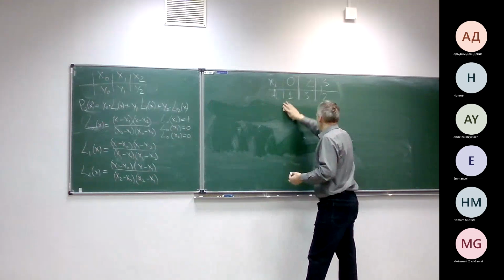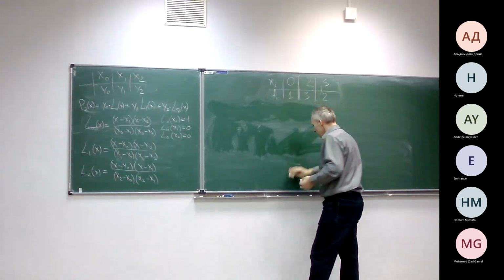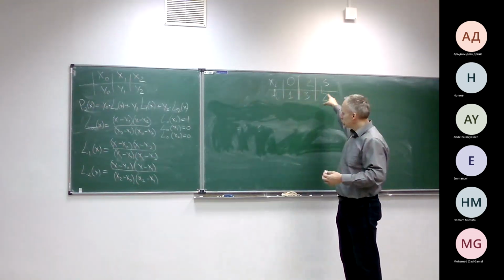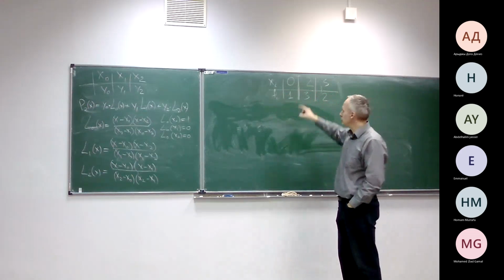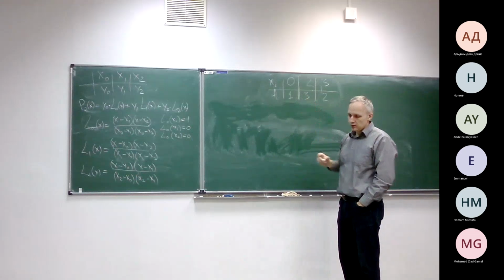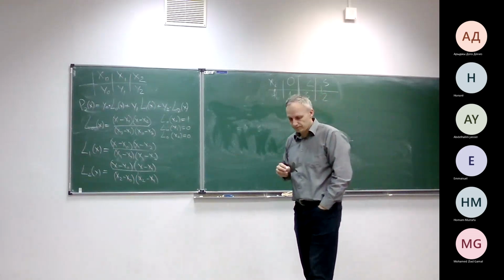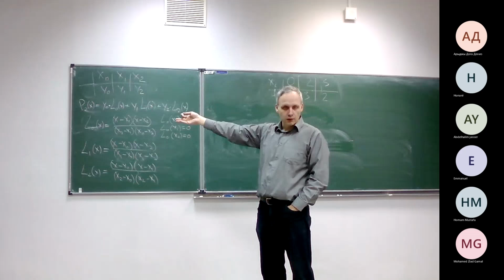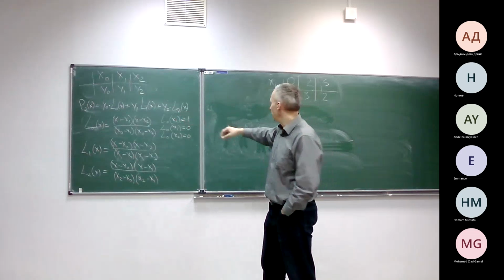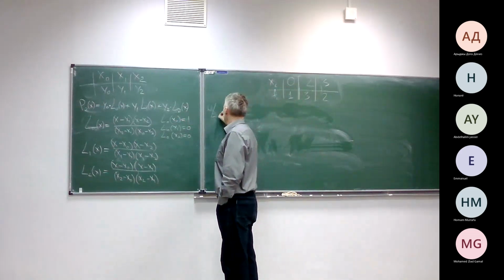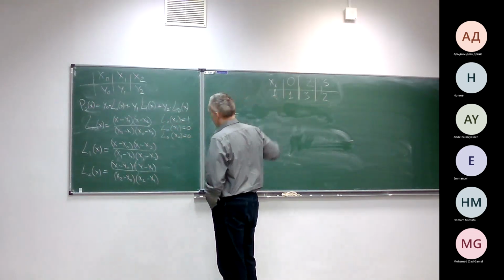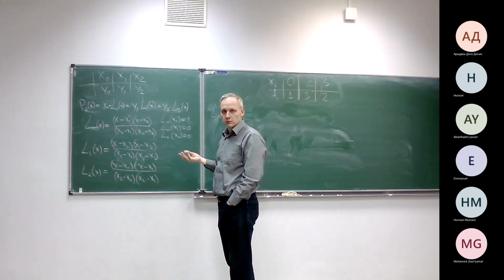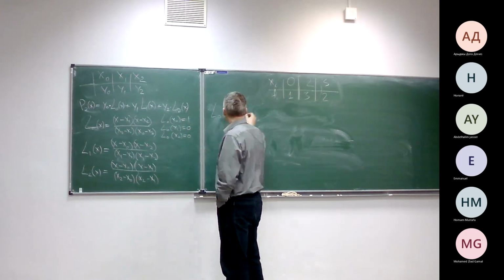Suppose that we want to solve this problem. We want to find a polynomial of degree 2 that interpolates this data. What should we do? To write L0 of x first. What is the value of x1? x1 is 2.